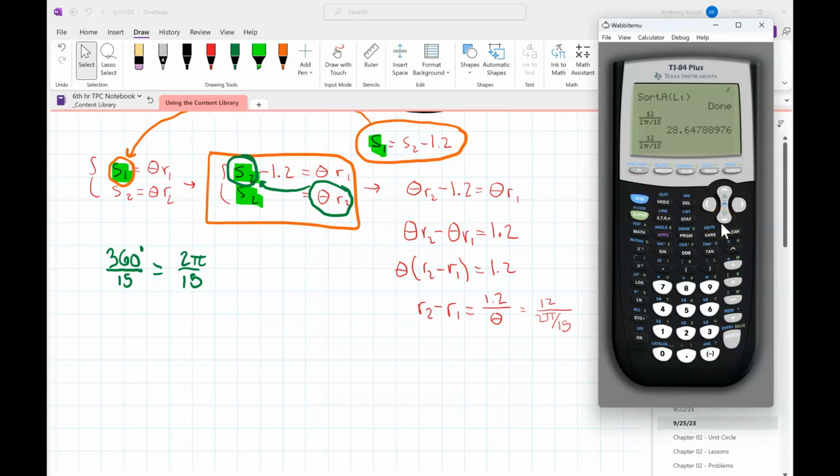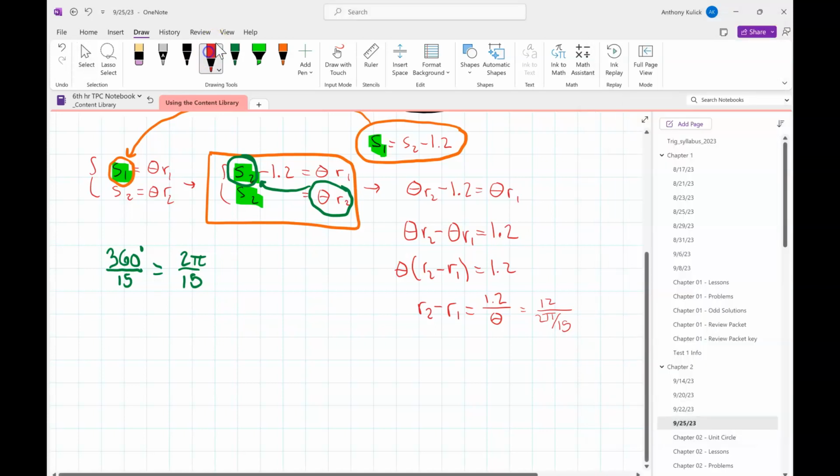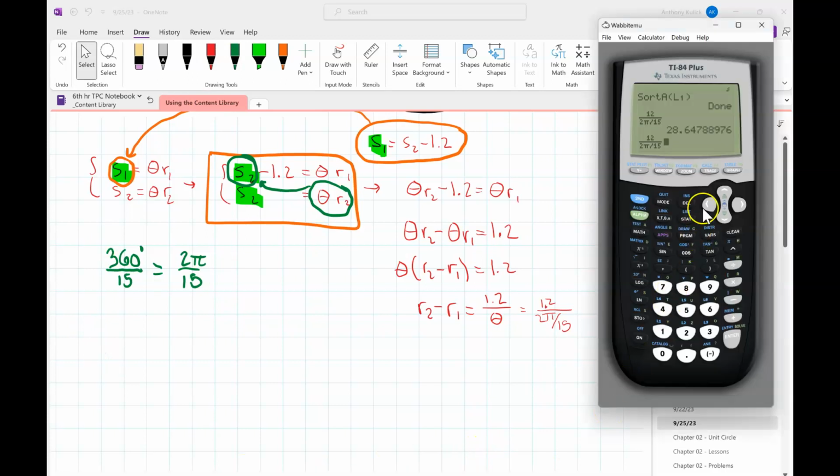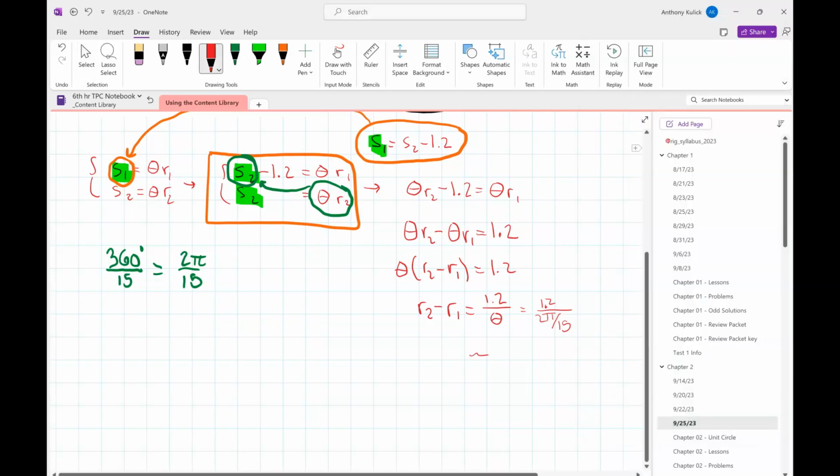It's because I wrote down 12. See? Let's change that. I'm like, that seems too big considering that one of these tracks is only like 1.2 centimeters longer than the other. That seems much more likely. So 286. I like that.